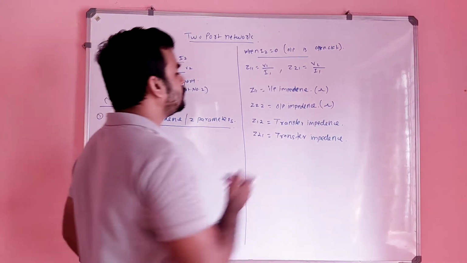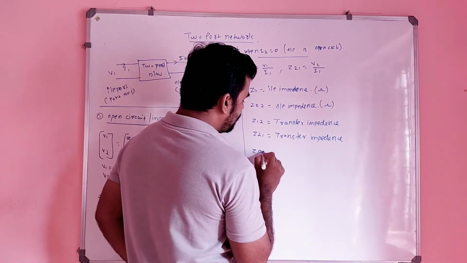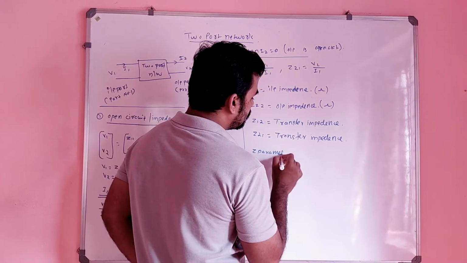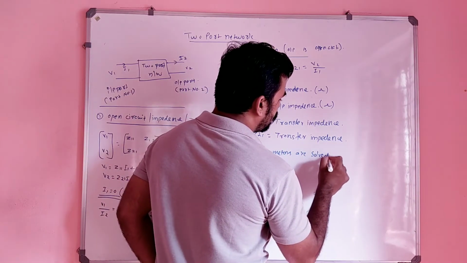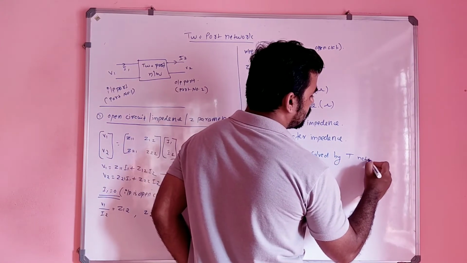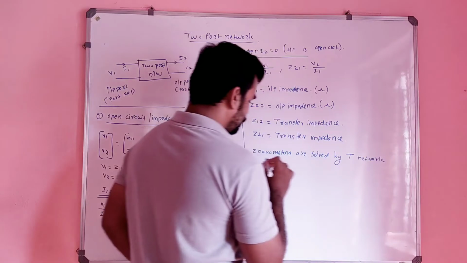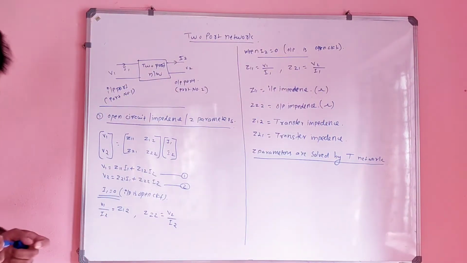Okay, and normally Z parameters are solved by T network. Make it as a heading, and I will tell.